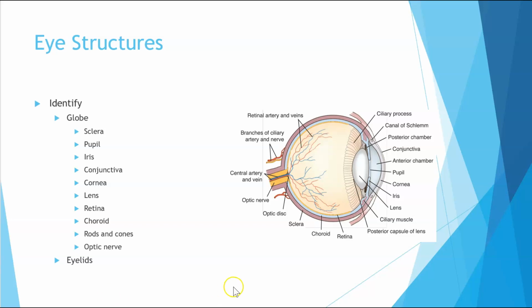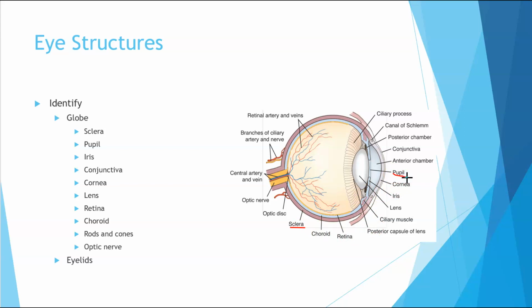And then we have the sclera. Okay, the sclera. It's a tough white sheath around the outside of the eyeball. It's the part of the eye referred to in colloquial terms as the white of the eye. Okay, we have right here the pupil.